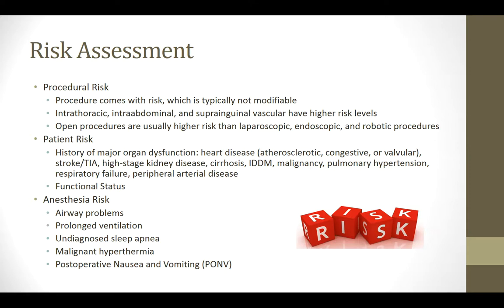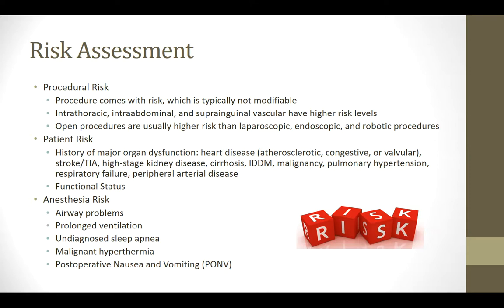The patient's risk is what they bring to the table: their control of all their chronic conditions, whether they have any major organ dysfunction like that of the heart, the kidneys, the liver, the endocrine system, if there's a malignancy, and so forth. And then there's the patient's functional status: how well does their heart work on a daily basis, and how conditioned are they to react to situations in which there's stress.